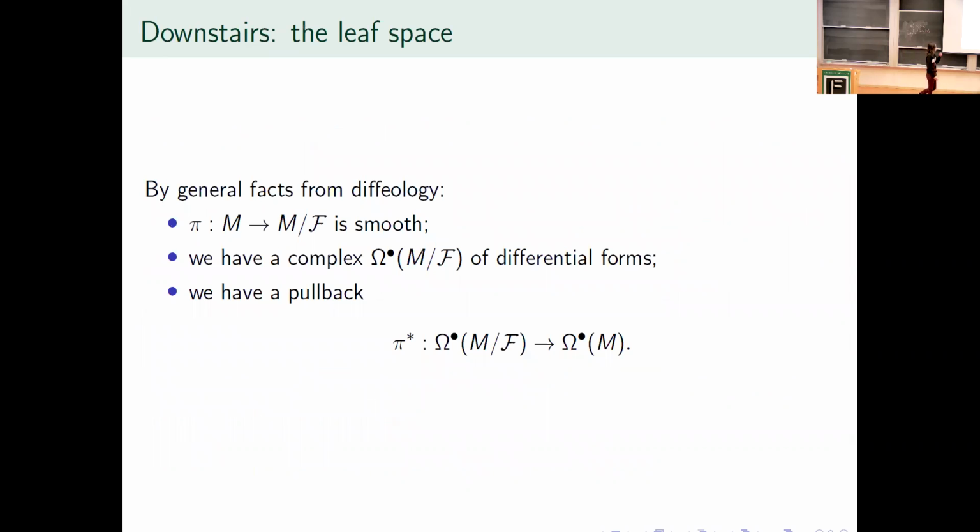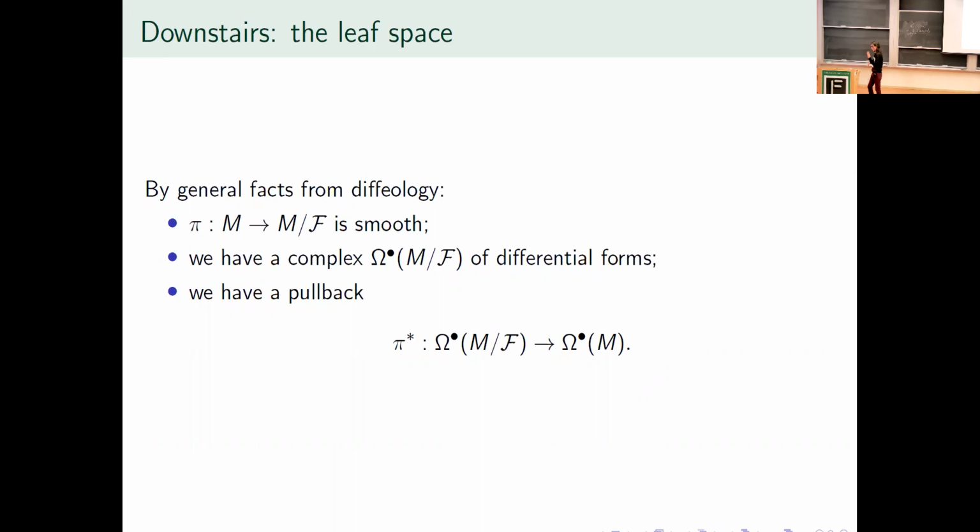So we're going to approach this using basic complexes. First, downstairs on the leaf space itself, we have the following facts that we get from equipping it with the diffeology. First, the quotient map is a smooth map, as it probably should be. Moreover, it's actually what's called a subduction, which is a diffeological version of submersion. Diffeological spaces always come equipped with a complex of differential forms.